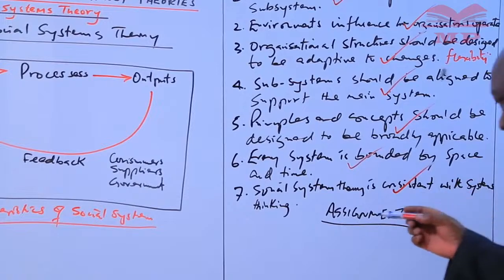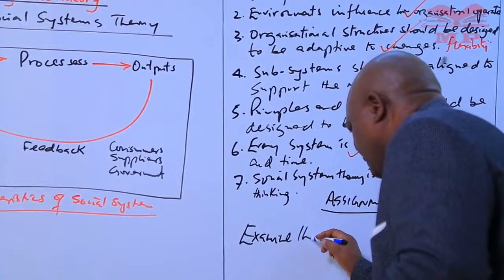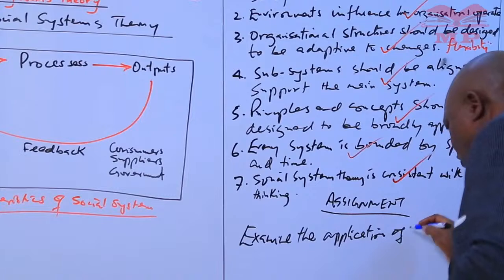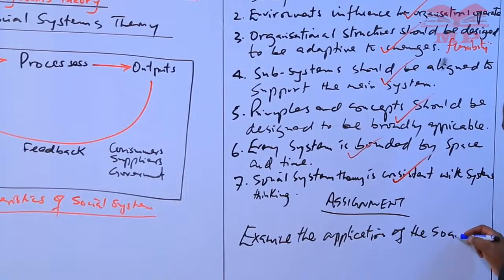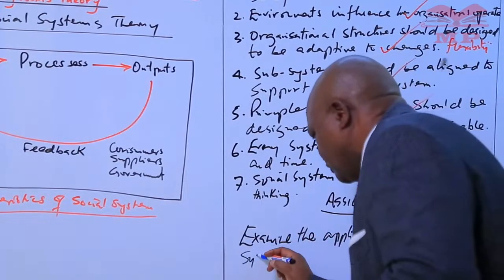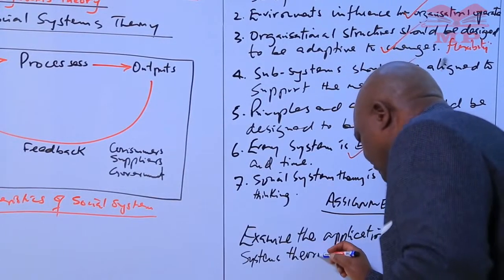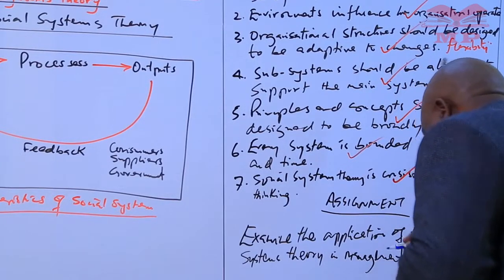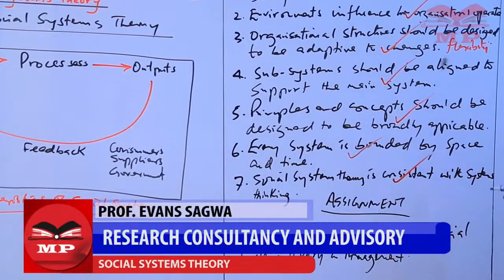And the assignment is: examine the application of the social systems theory in management. So learner, your assignment for today's lesson: examine the application of the social systems theory in management.